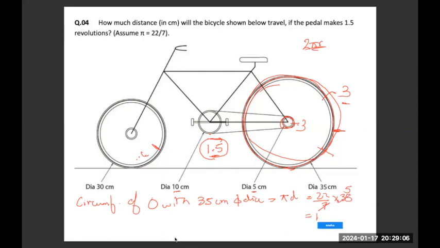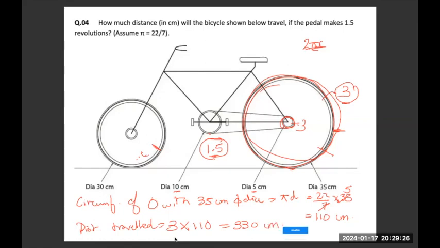So this will be equal to 110 centimeter. Now I know this back wheel is doing 3 rotations. So distance traveled by cycle would be equal to 3 multiplied by 110, which is 330 centimeters. In this case, it's written centimeters, so I don't need to convert it. It will be 330 centimeter.